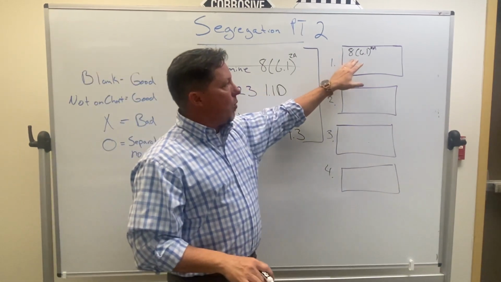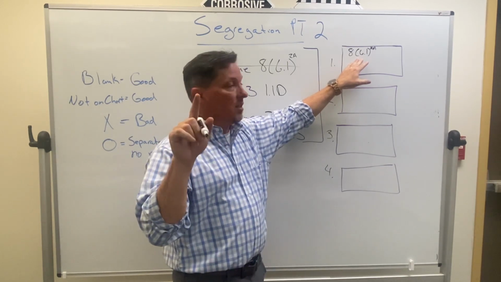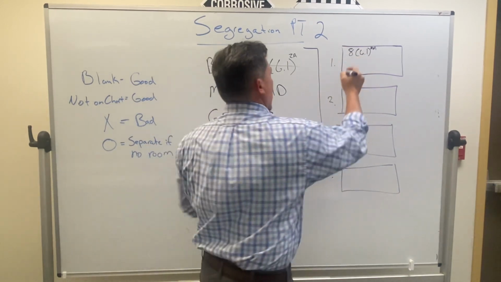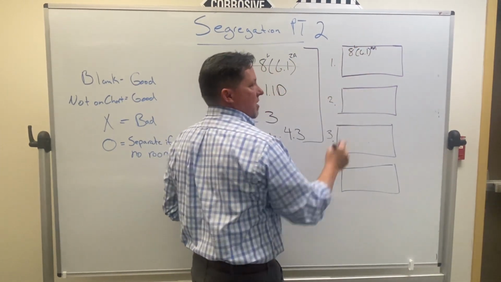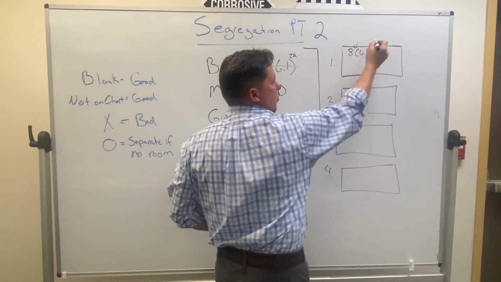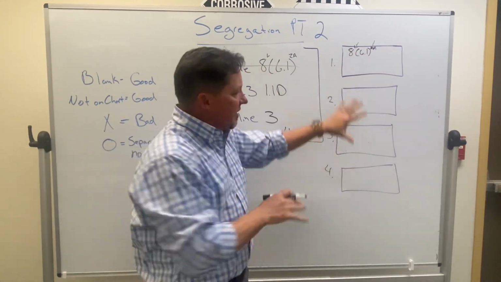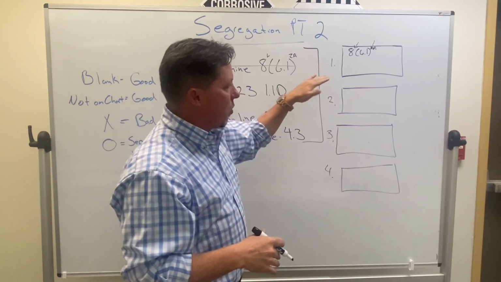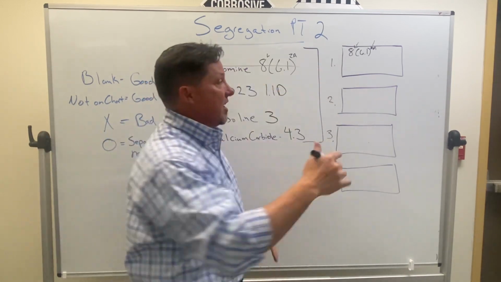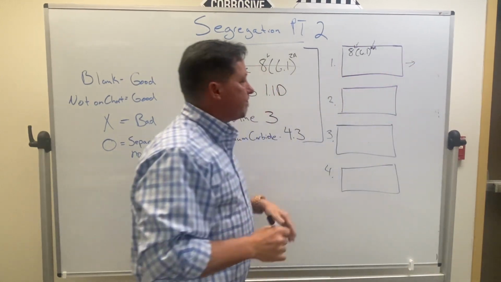For 1.1 to go in here, it has to be compatible with the 8 and the 6.1 zone A. And I'm going to remind myself that that 8 is a liquid, right? And it does count. Now what you see here, these are just footnotes. This is just scribble. This is just scratch. This isn't going to get written anywhere else. What we're trying to do here is determine what goes together so we then can generate our shipping paper, right?